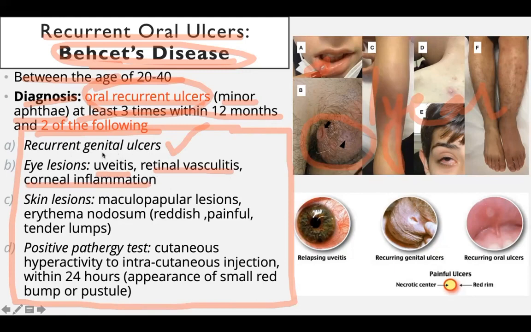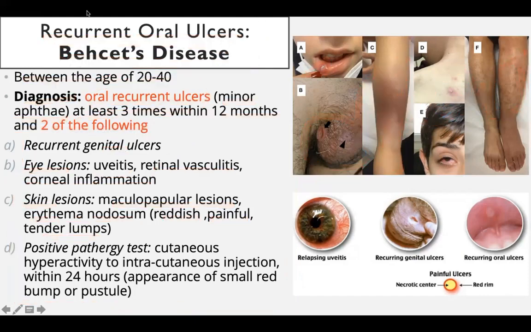Then one is genital, one is eye, then there is skin. What about skin? There can be maculopapular lesions, erythema nodosum, which is a reddish, painful, tender lump, right?